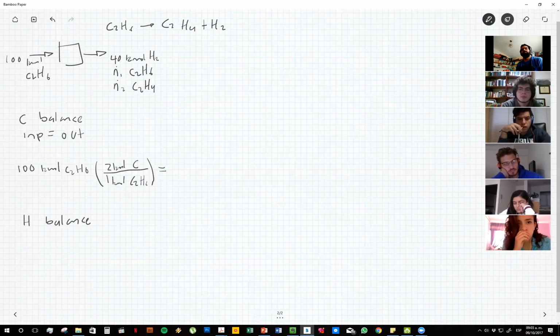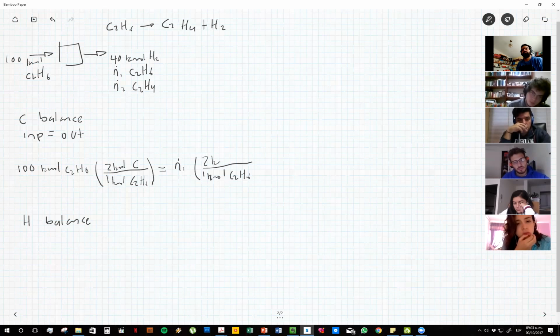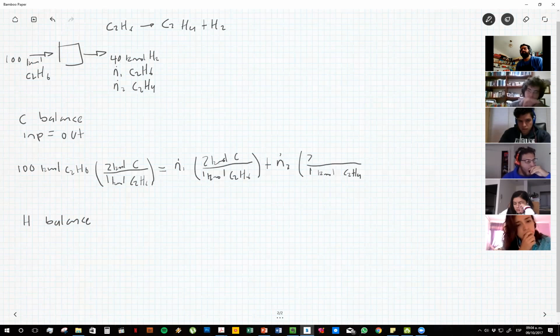So the amount of carbon that you can find in those is N1, that is the number of moles of C2H6, and again, the relation: 1 kilomole of C2H6 has 2 kilomoles of carbon. And the other one, the C2H4, again, we have N2, and the same relation. For each 1 kilomole of C2H4, we have 2 kilomoles of carbon, right? Everybody agrees on that?